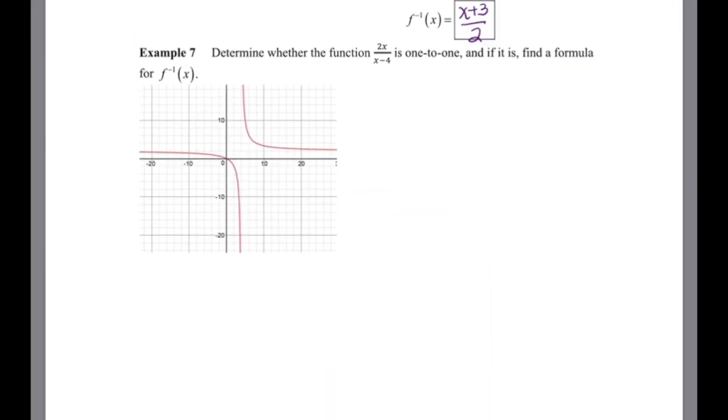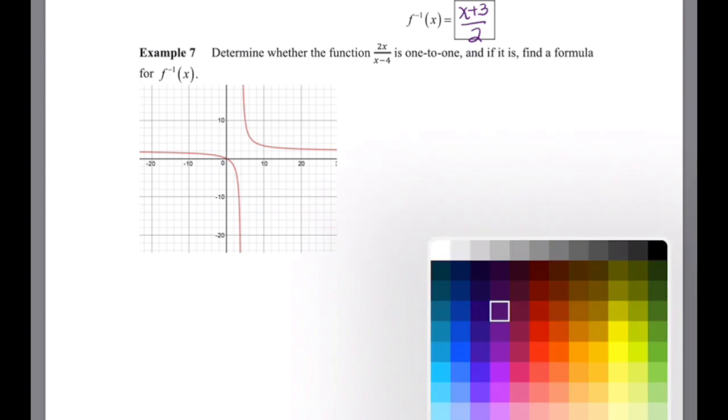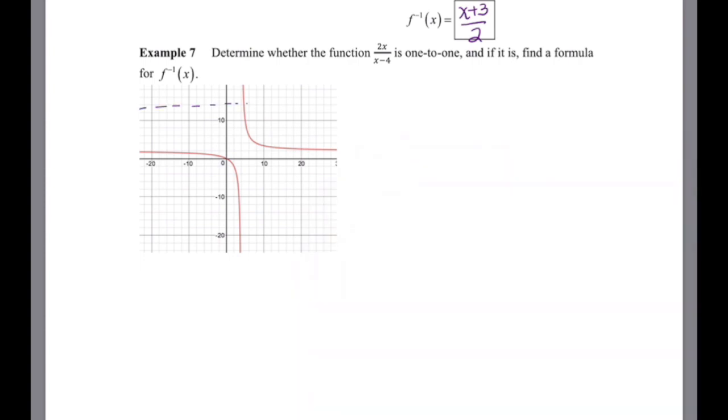Determine whether the function 2x over x minus 4 is one-to-one. As I'm looking at our graph here, I do see that it passes the horizontal line test.